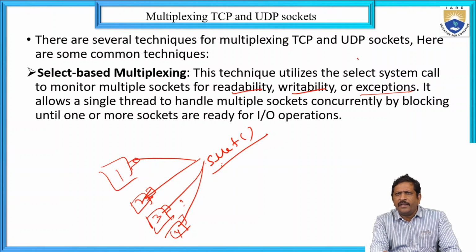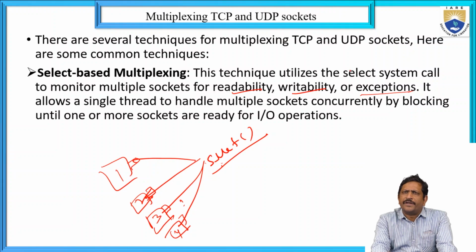That means it handles the input output exceptions also. Generally it allows a single thread to handle multiple sockets concurrently, by blocking until one or more sockets are ready for input output operations.